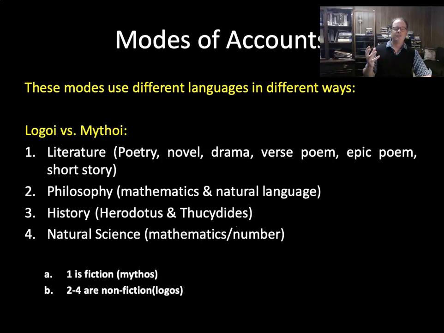Over time, philosophy established its place with a new standard and a new object of inquiry, and then, of course, natural science. And you can see the tension between a logos and a mythos, or logoi and mythos. That's just plural. It's Greek, right? And they divide on lines of fiction and nonfiction, right? And here are examples of the historical development of account giving, right?